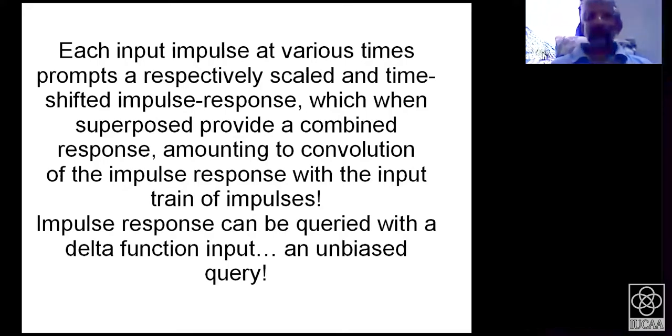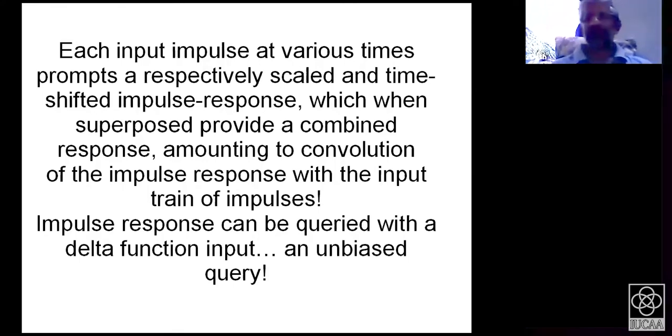And so we can simplify the description of convolution and say it's a superposition of one function replicated at every location of the other function.